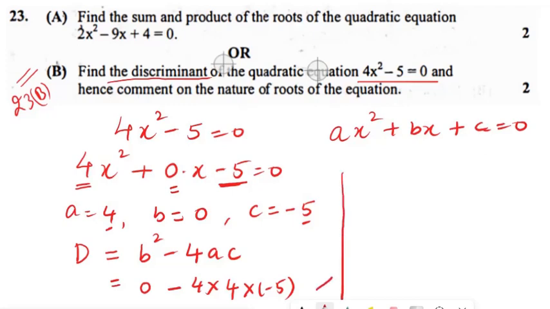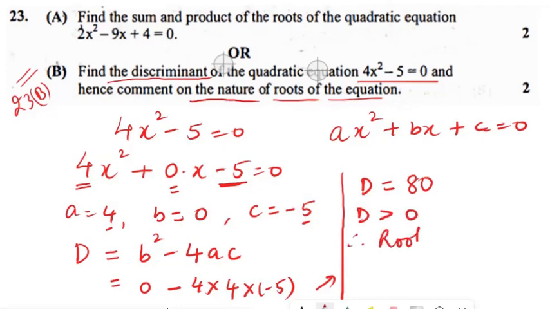So here we get D is equal to minus 4 into 4 is minus 16, and minus 16 into minus 5 is plus 80. Now the nature of roots of the equation. Since D is greater than 0, therefore roots are real and distinct.